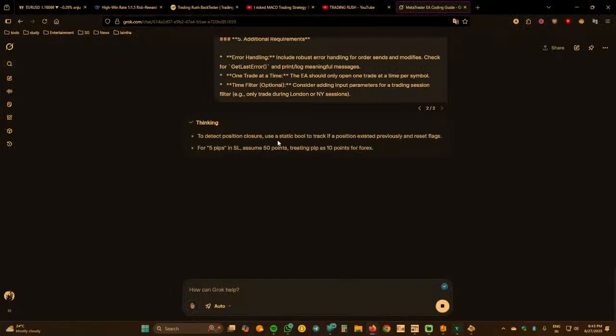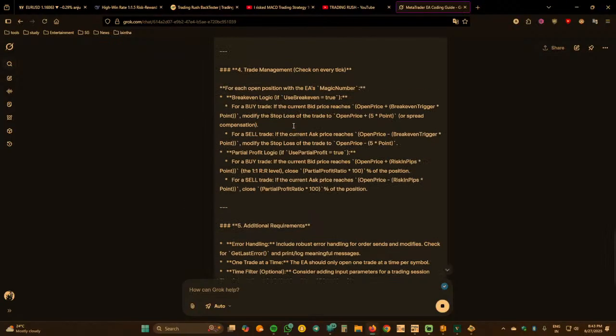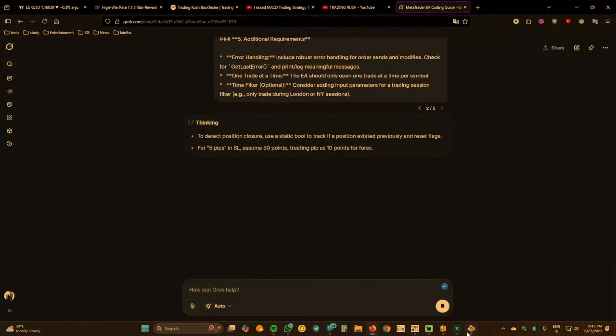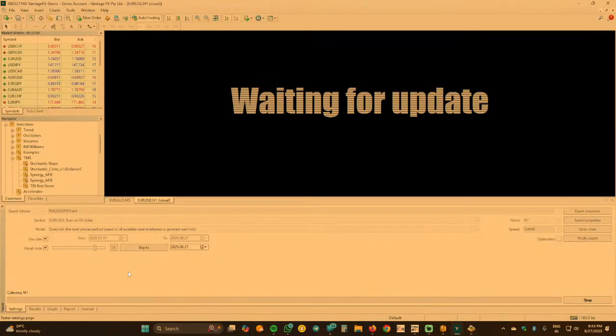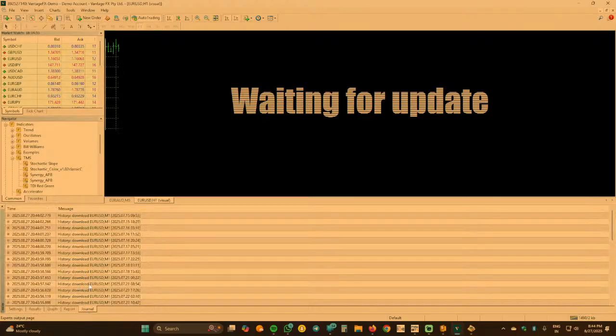Also on the other side, it should be coding for MT5 instead of MT4. That was a mistake on our side. So now we'll go straight here to Vantage. It is collecting data. It is downloading data.